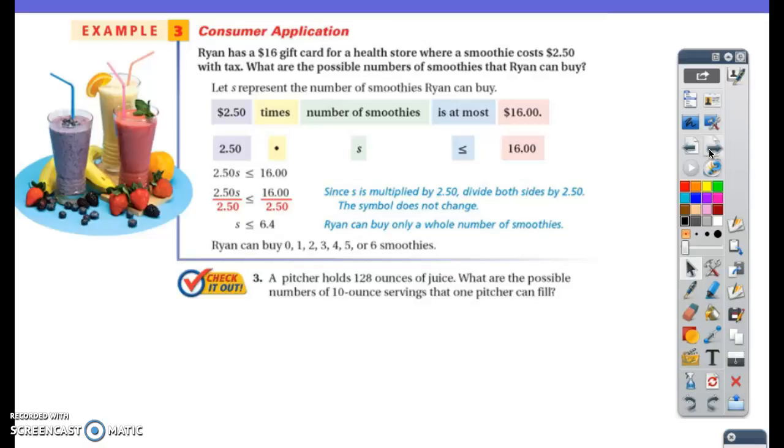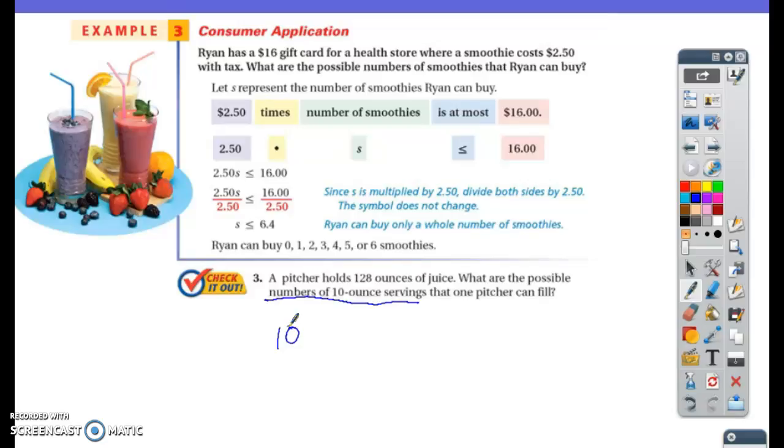So what you want to say here is that you have 128 ounces, and that's the maximum amount that it'll hold. So what are all the possible numbers? How many numbers of 10-ounce servings? That's repetitive addition, or multiplication.